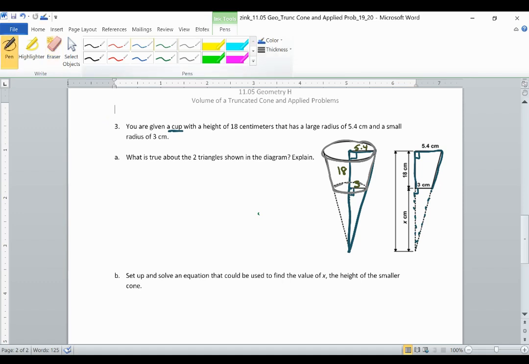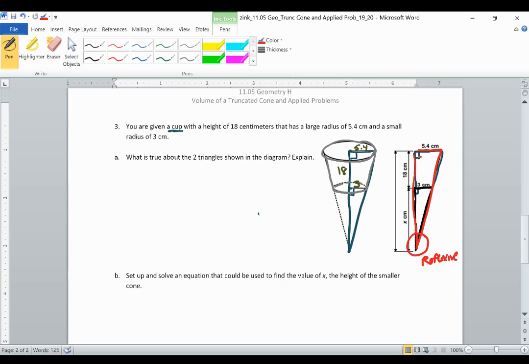So for this one, we want to know what is true about the two triangles, meaning this small triangle and this larger triangle right here in red. What's true about them? Well, they both each have a right angle. And they both share this top angle right here, so by reflexive, it's congruent to itself.